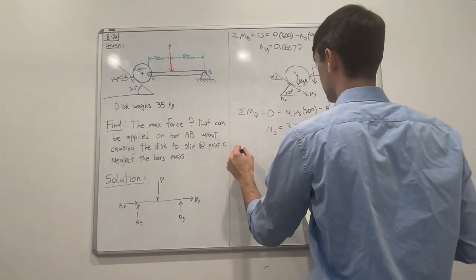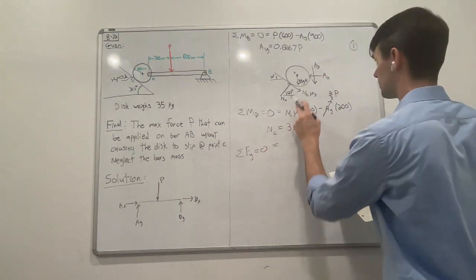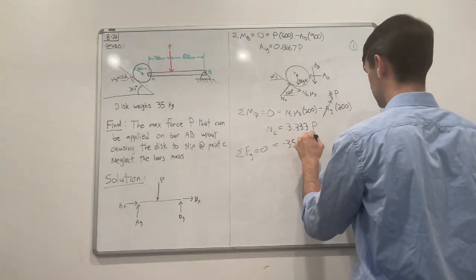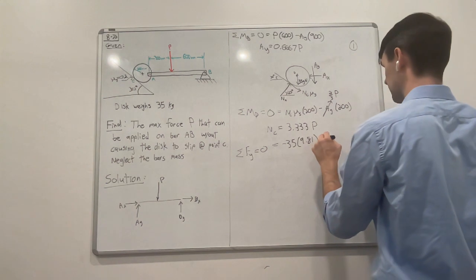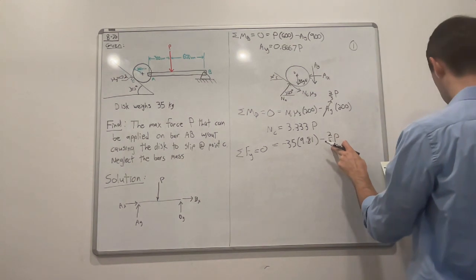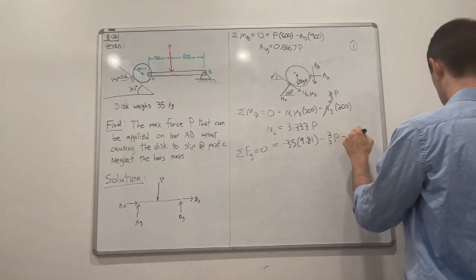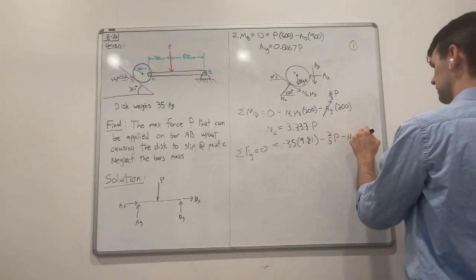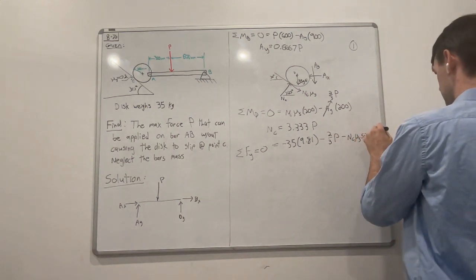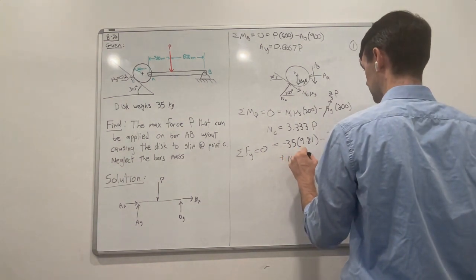So I'm going to say find my sum of my forces in Y equals 0, which is, so I get minus 35 times 9.81 minus AY, which again is just 2/3 P. So I'm just skipping straight to that substitution, minus NC mu sub S sine of 30 plus NC sine of 60.